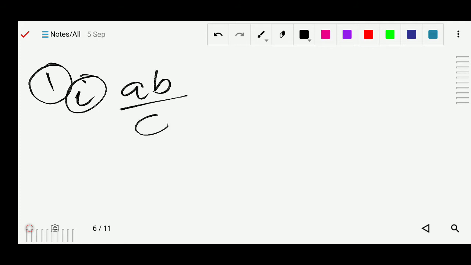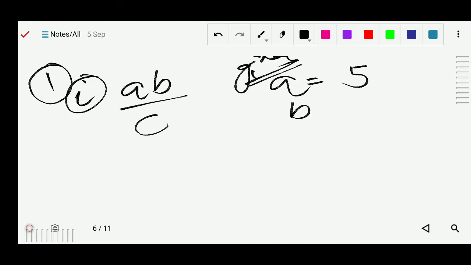Already we have studied how to write the multiplication. So here it is given that a's value is 5, b's value is 6 and c's value is 10. All three are given.